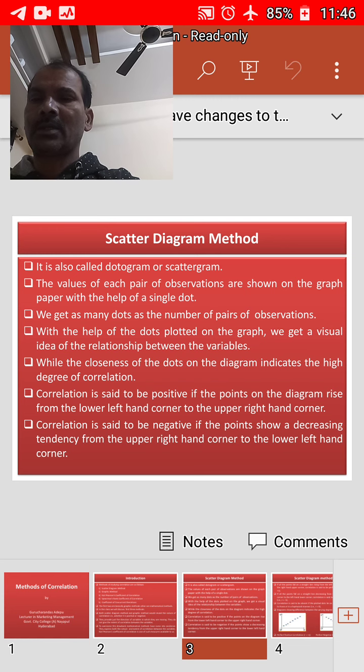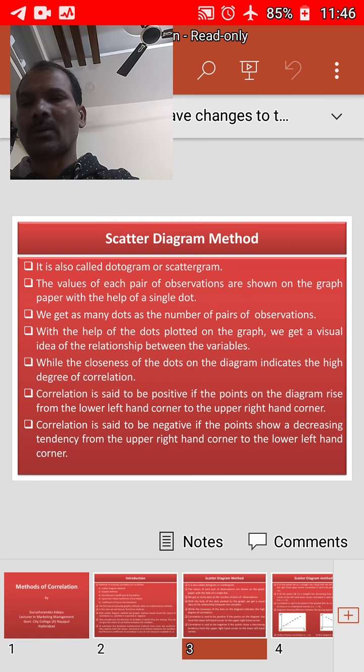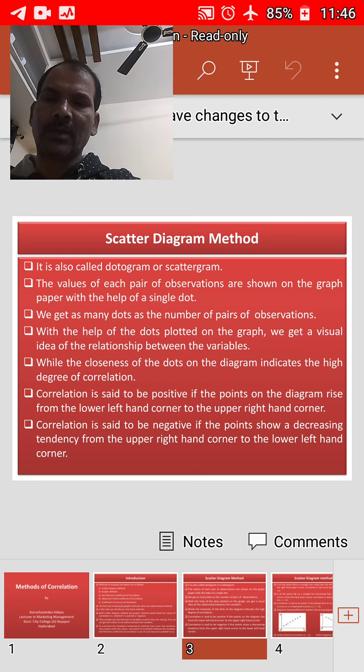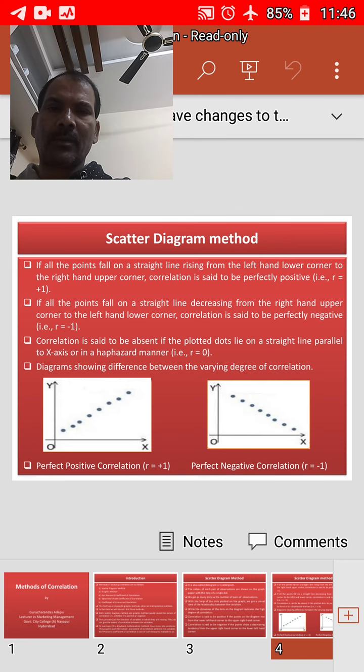Correlation is said to be negative if the points show a decreasing tendency from the upper right hand corner to the lower left hand corner. If all the points fall on a straight line rising from the left hand lower corner to the right hand upper corner, correlation is said to be perfectly positive.